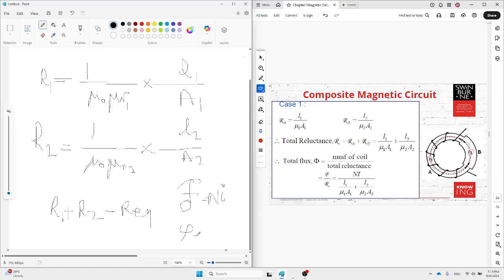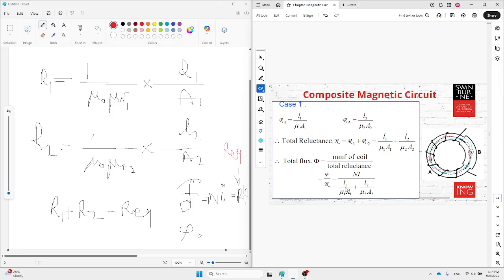The flux value is MMF over R, which is phi, correct? So we know R, which R should we use? This R is the total R, okay? The phi is the value circulating around the whole circuit, from here to there. So the phi is the total phi.